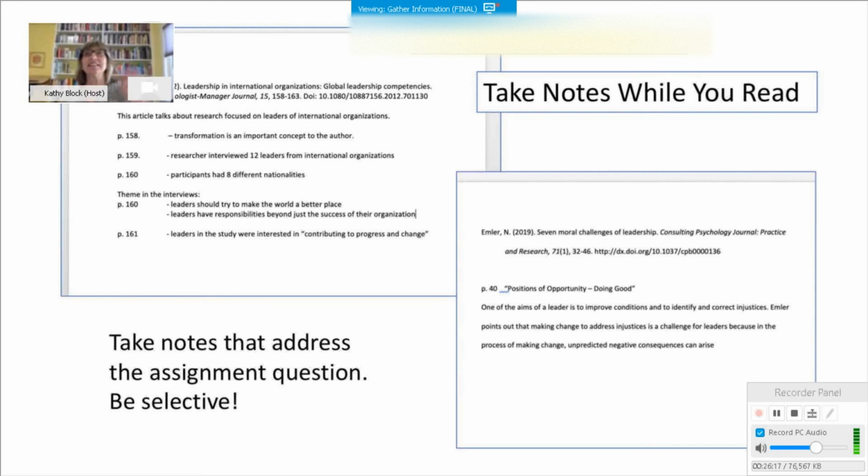Leave out ideas that aren't relevant. This will help you, again, manage your time. If you're focused on the assignment question and you're selective in the notes you take, later when you review your notes, you'll find ideas that will become the main points of your paper. So instead of sifting through all your sources again, you'll have it all there in one document and you can just read and review that.